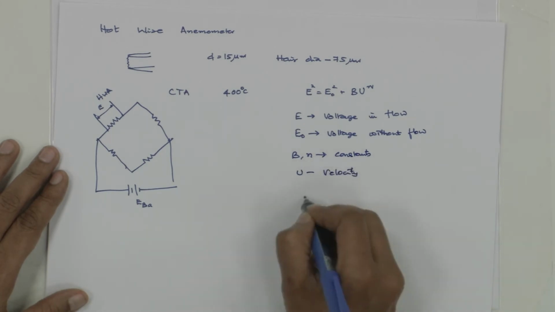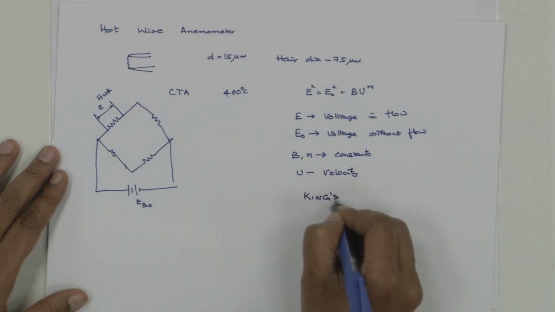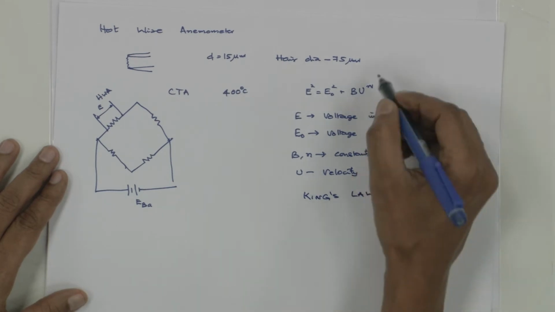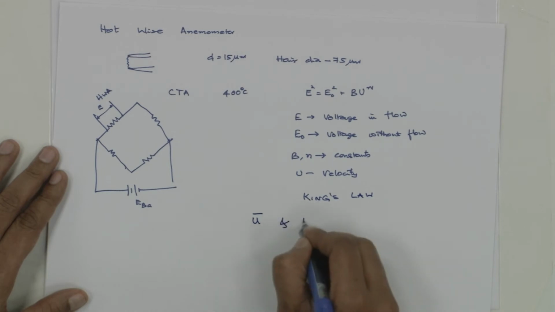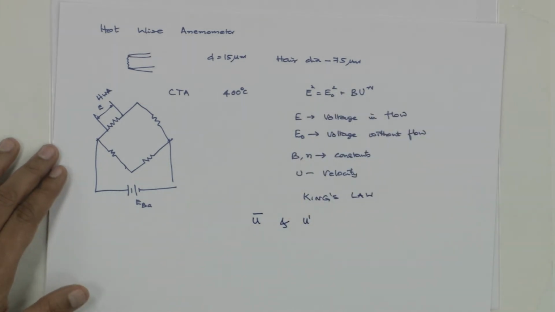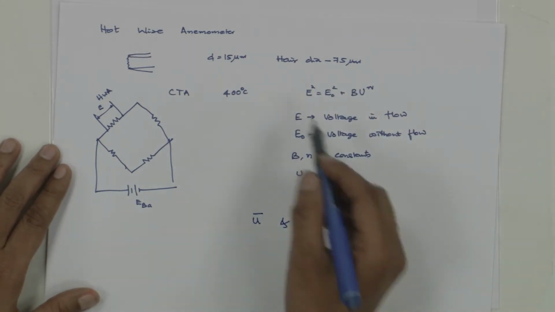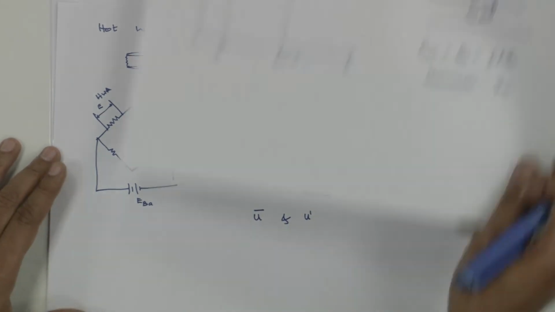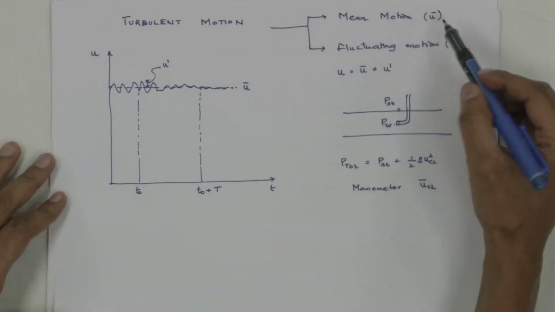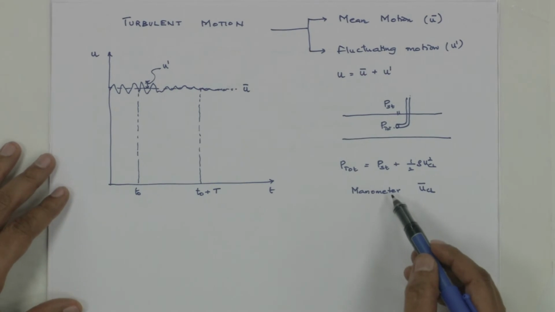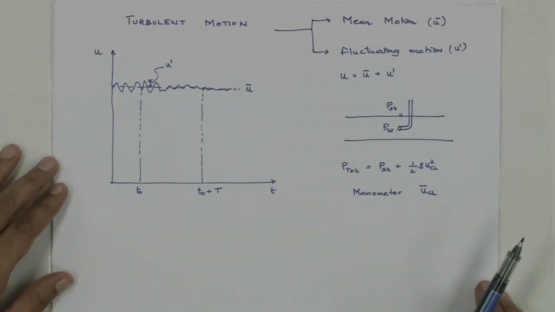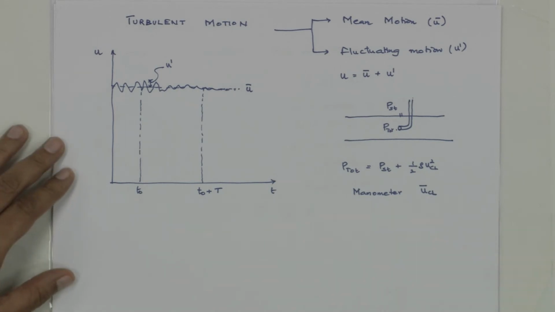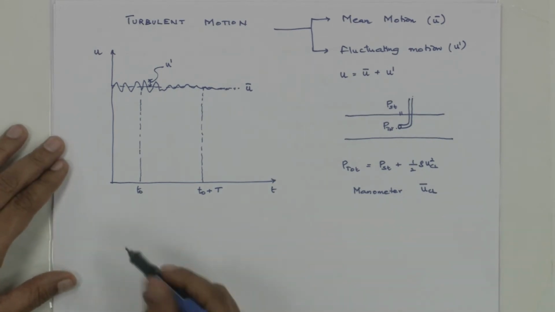This is what is called King's law. Using this one can get both U bar and U prime. If you differentiate this equation you can get U prime also. So the point is you can get the mean motion generally with the pitot tube and the fluctuating component with the hot wire anemometer.